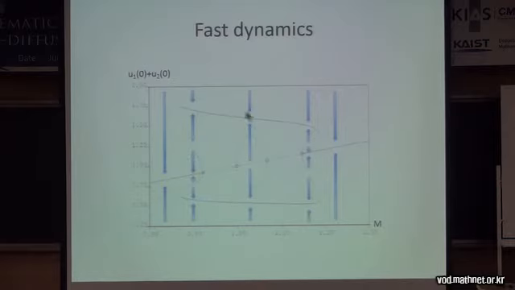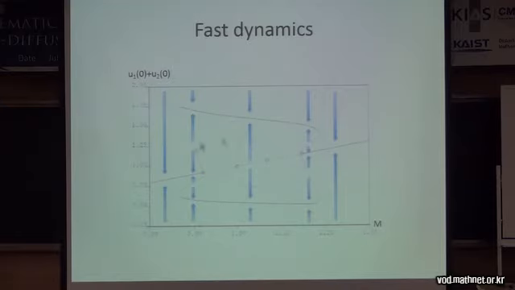This is a global bifurcation structure by numerics. And this horizontal line is not m, just mu. If the total density is around here, for example, around here, then there exist three stationary states like this, and the constant solution is unstable. So then it becomes like this or like this.